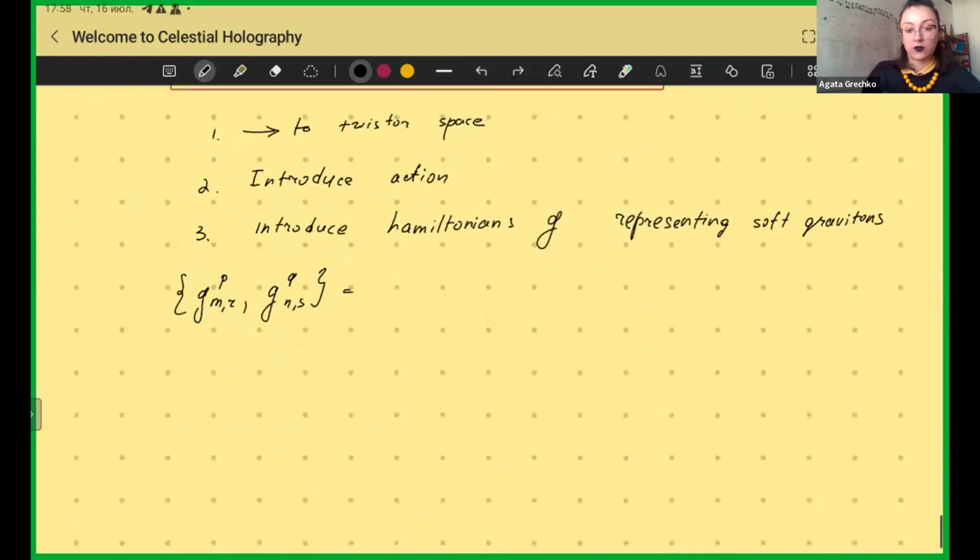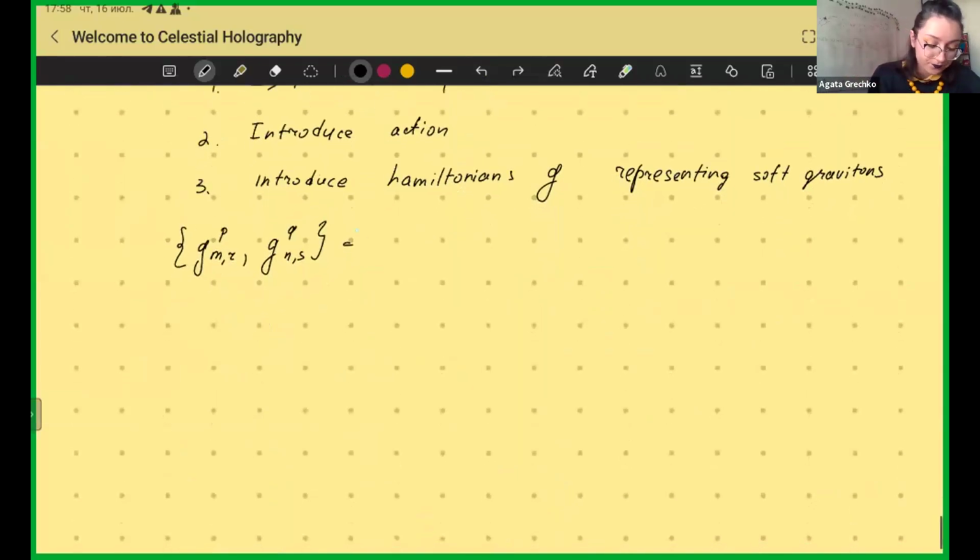Just the coordinates will be rewritten in the twistor space. We will obtain again our W1 plus infinity algebra.